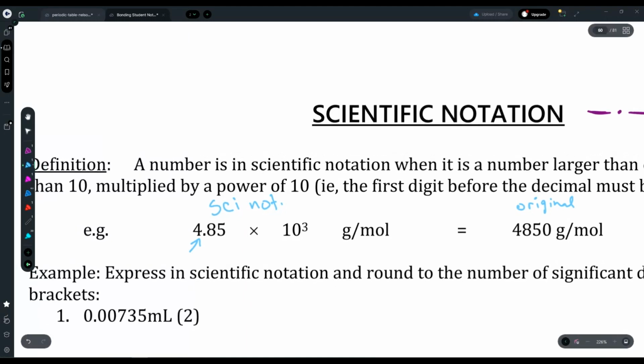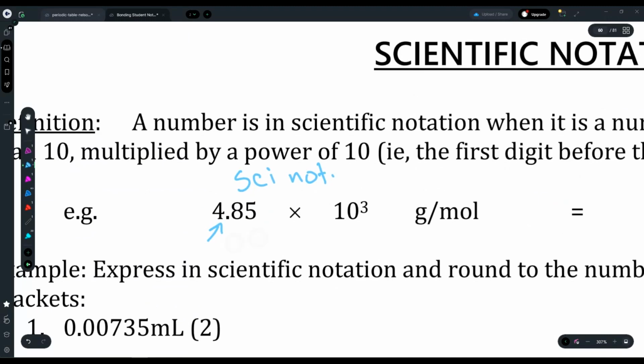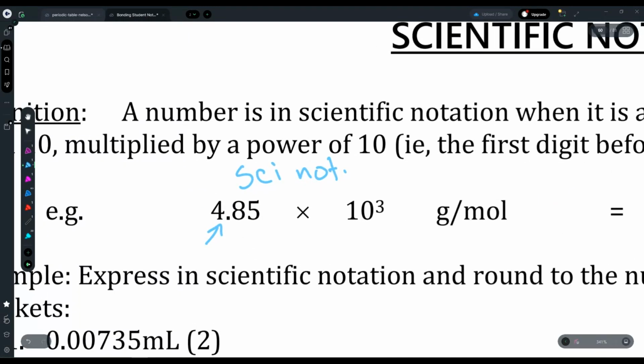you are not properly reporting scientific notation. Okay, so looking at this number, we know that this value is going to be bigger than 1 because our exponent is positive. And what the exponent represents is how many times you move the decimal.